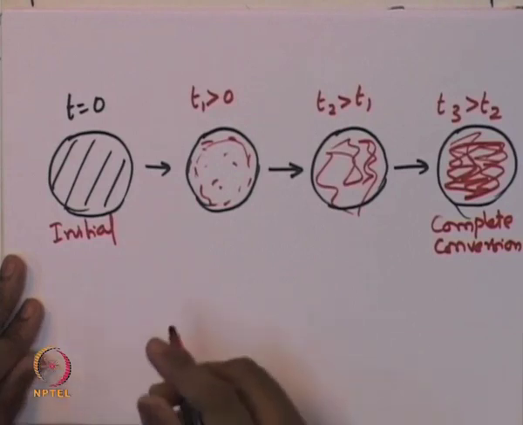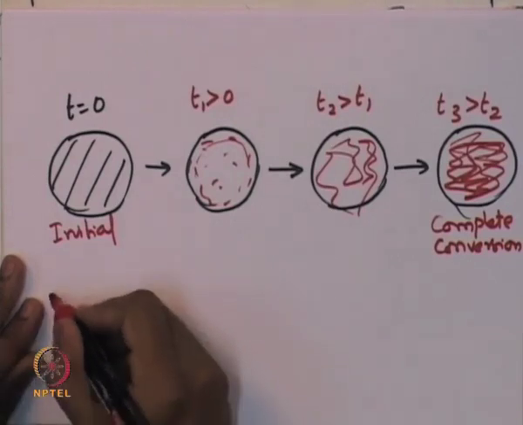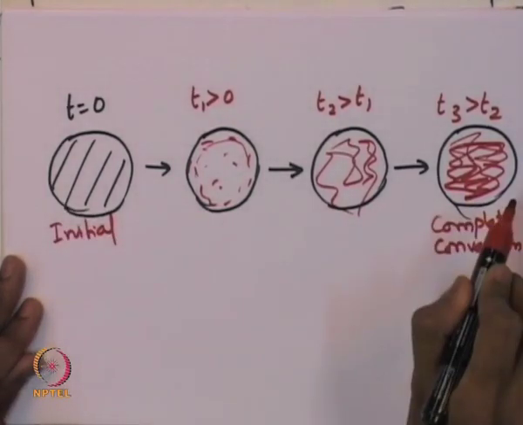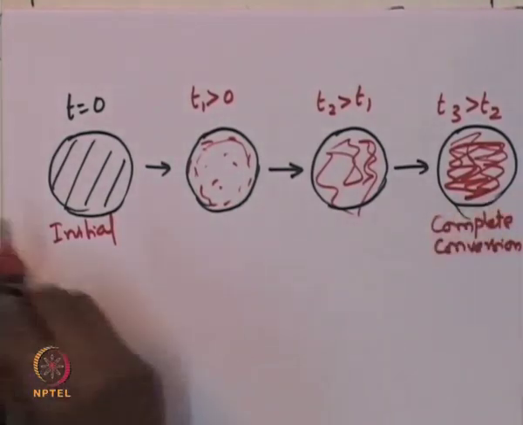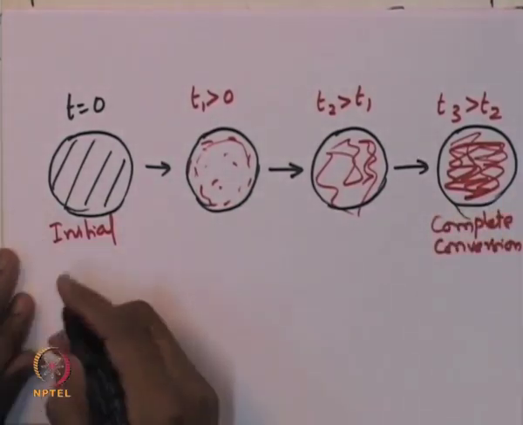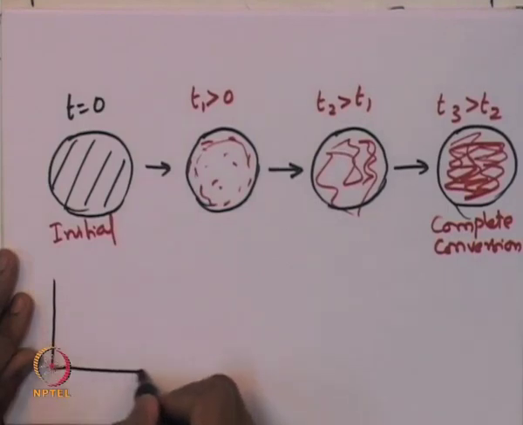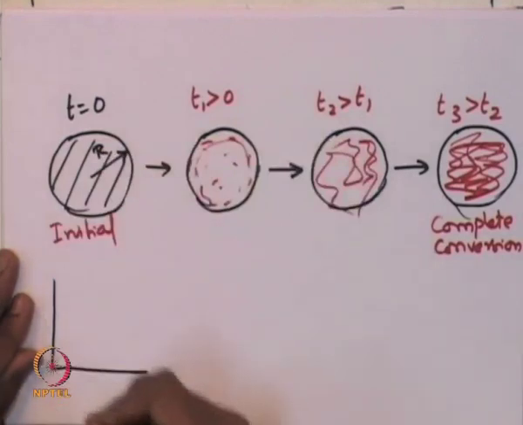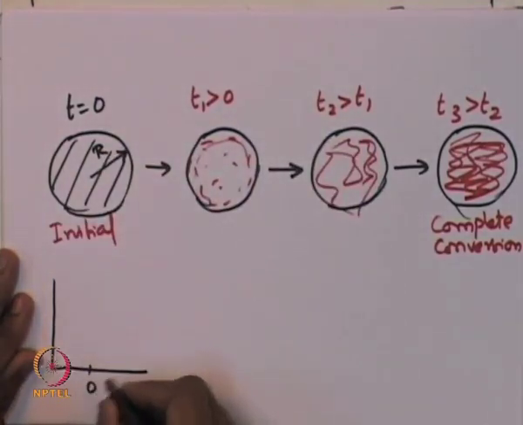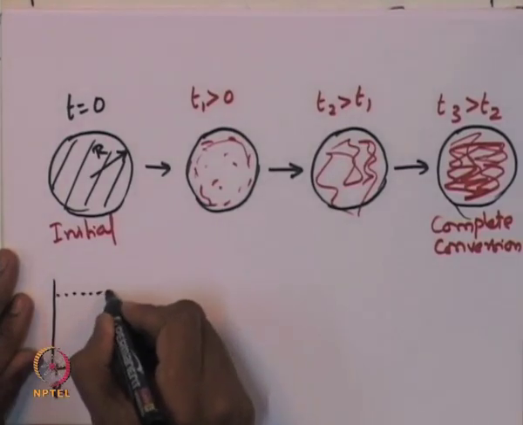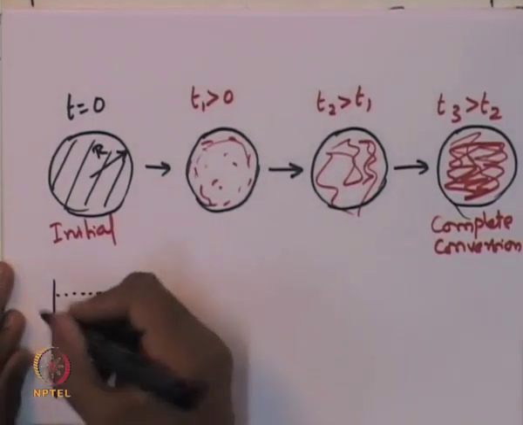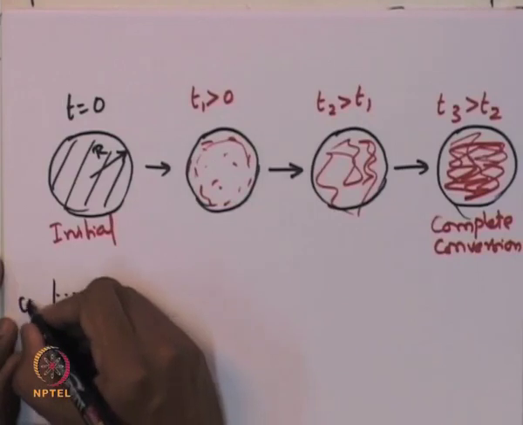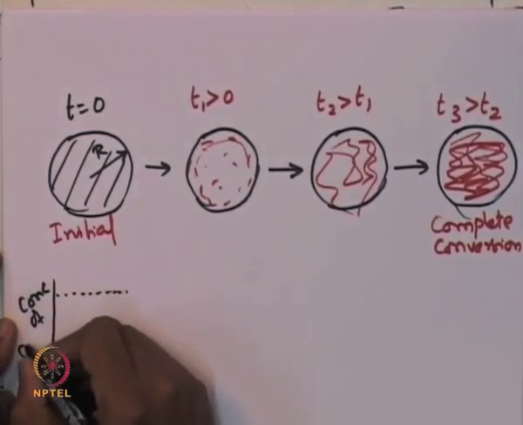Now, suppose we attempt to sketch the concentration profile in each of these time steps, we can sketch it in the following way. Suppose the radius of the particle is R, and between 0 and R, the concentration of the solid initially, let us assume that it is uniform. So, this is the concentration of solid.